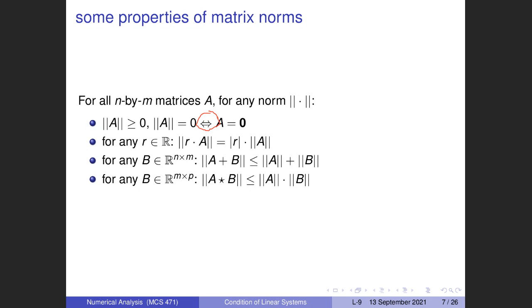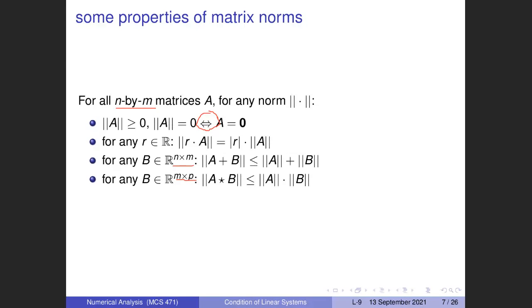Also for the product of any two matrices. Now, again, be careful about the dimensions here. The second matrix here has to have the same dimensions in the sum. For the product, the dimensions of the B need to match. So this is again catching up on the properties of matrix multiplication.